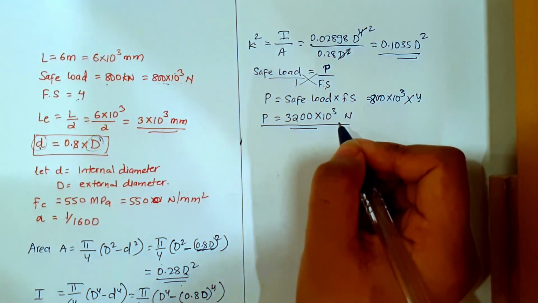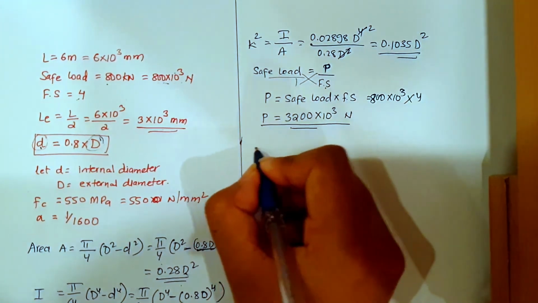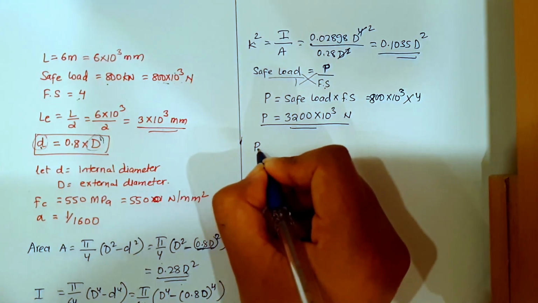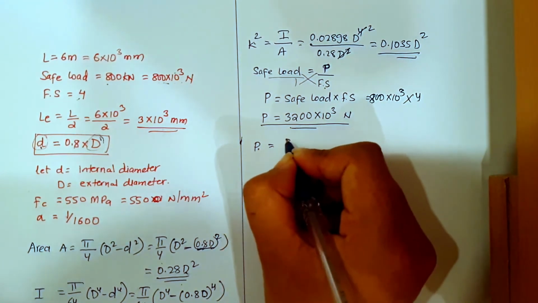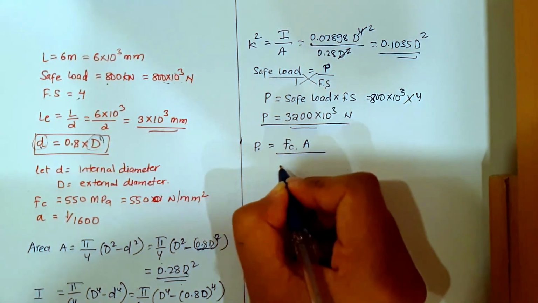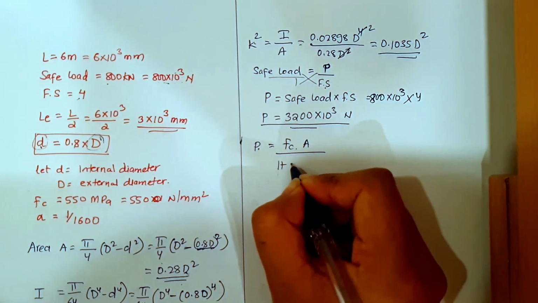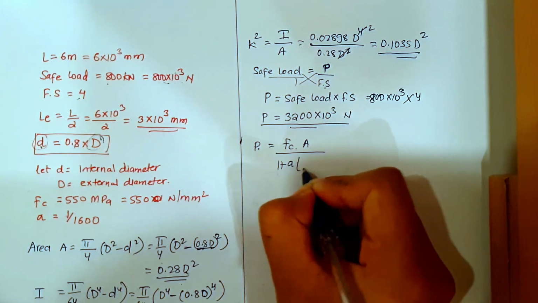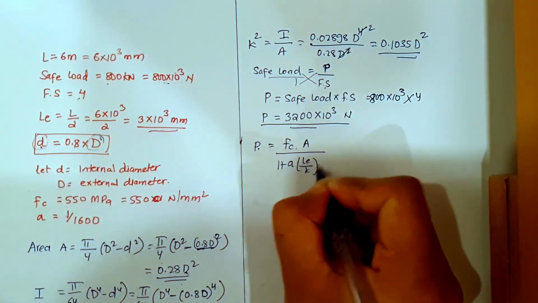Now if you put all these values in Rankine's formula, P equals F of C into area divided by 1 plus alpha LE square by K square.